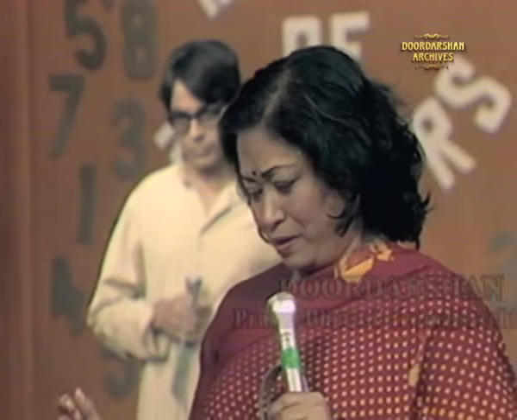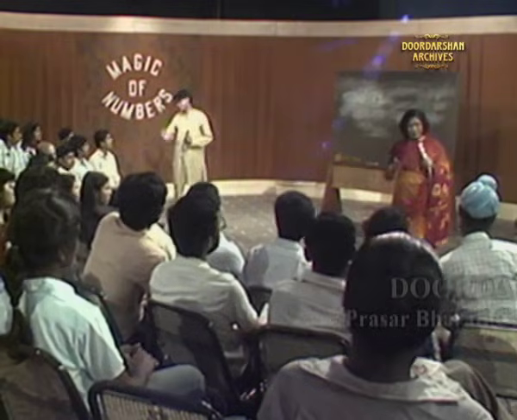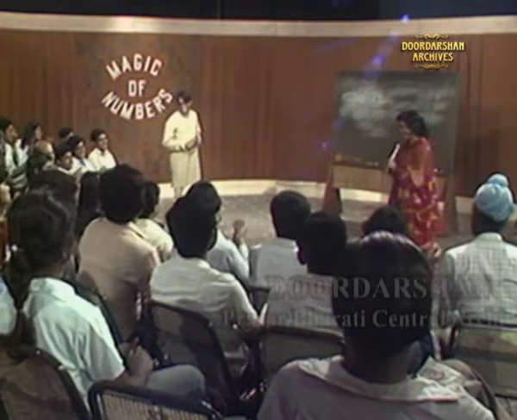I multiplied a 13-digit number by another 13-digit number at the Imperial College of Science and Technology in London in about 10 seconds, quicker than the computer. And that feat has been recorded. Thank you.